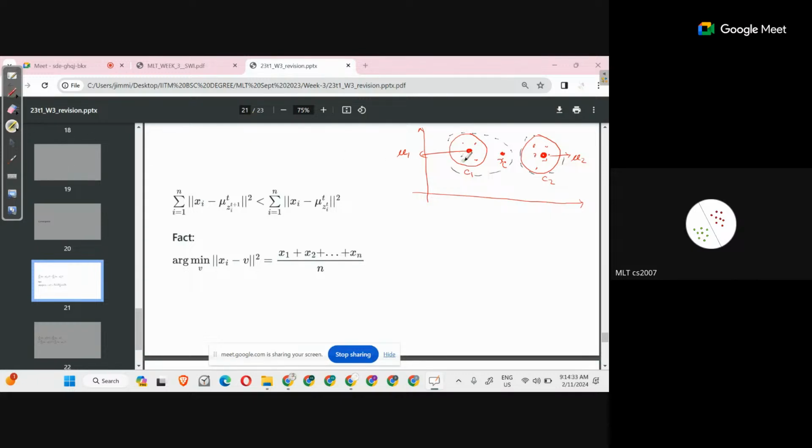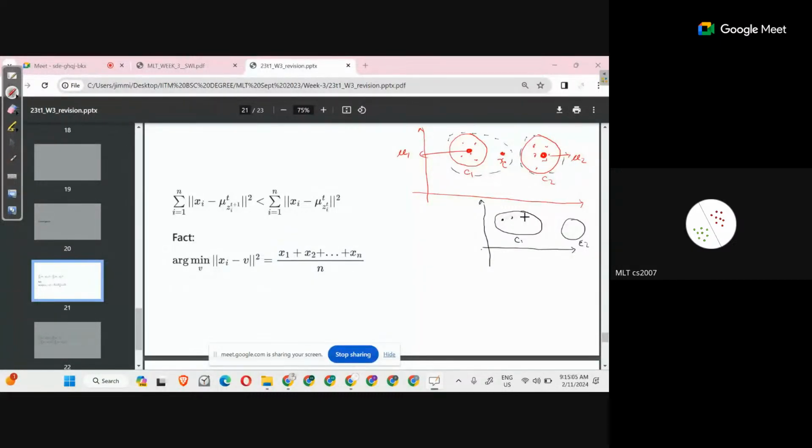So what I would do is, let's say in some step, I'll just plot one more. So this one is our c1, and this one is our c2. This is not the final step. As of now, I have plotted it in such a way that it looks too far away from each other.